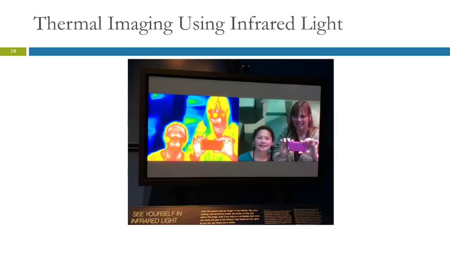So we are all giving off infrared energy, electromagnetic radiation. That's the energy that is coming from warm objects. So it's basically a form of heat. So we see here the warmer parts are red and the blue parts are cold.